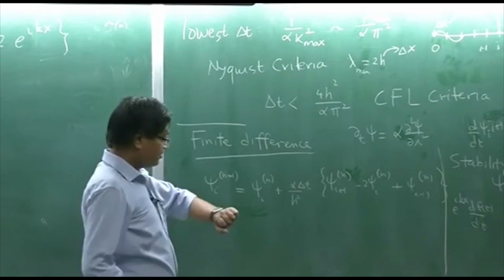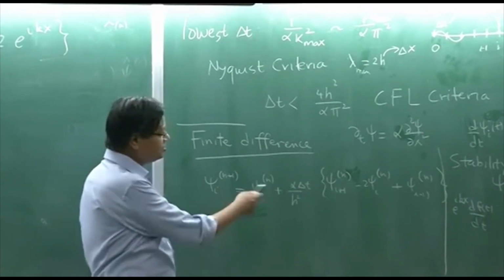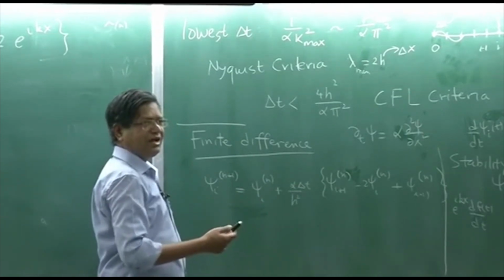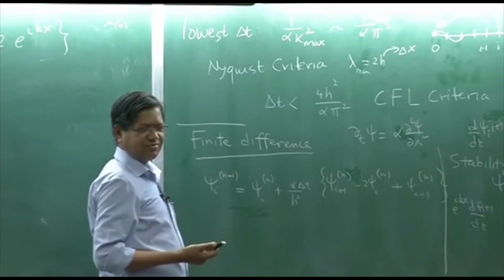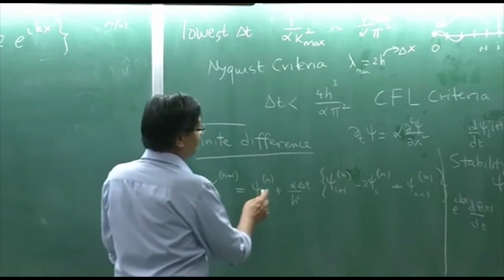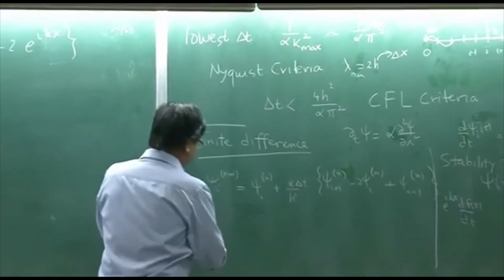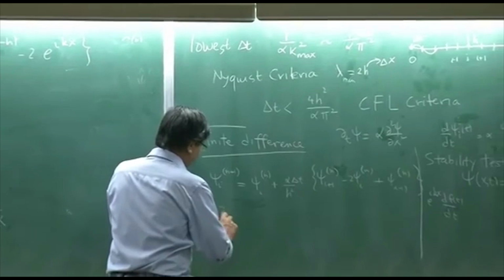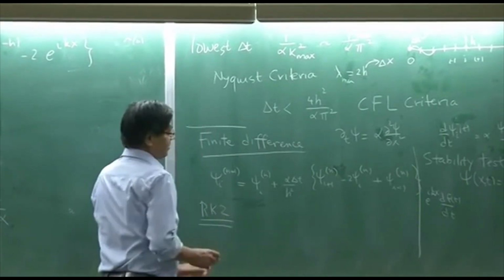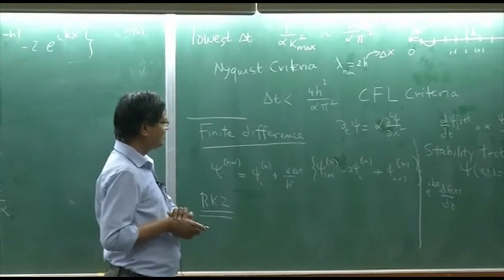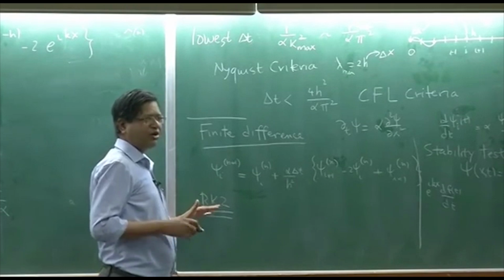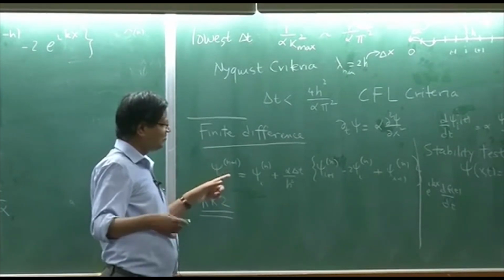I will not recommend that you use this scheme. I would say that you use Runge-Kutta second order. So we want to solve this equation, so I can use Runge-Kutta 2. There are complicated issues, but let's just do Runge-Kutta second order, then I will also tell you that you can do some more clever ways.